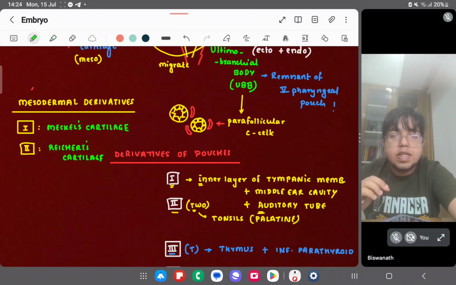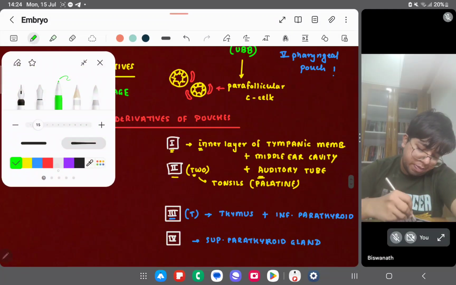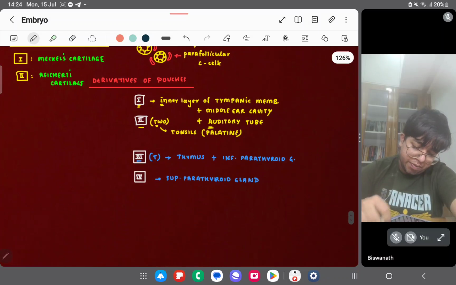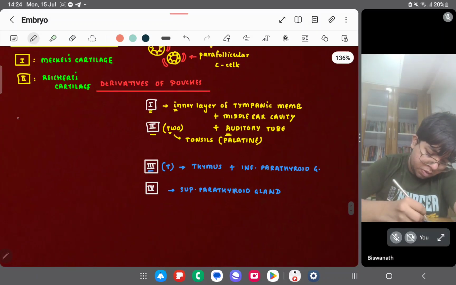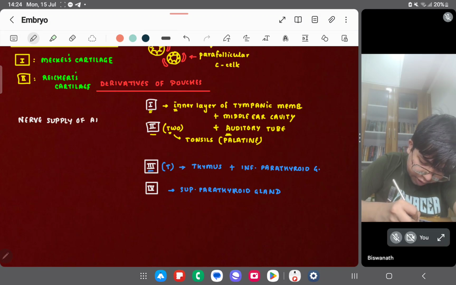Now let me first discuss the nerve supplies of arches. Okay, very easy to remember. Nerve supply of arches. Give it the heading. We'll write it here. Nerve supply of arches.